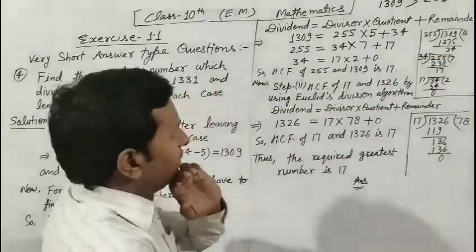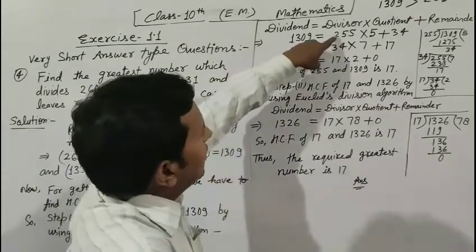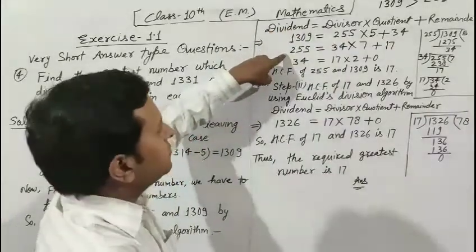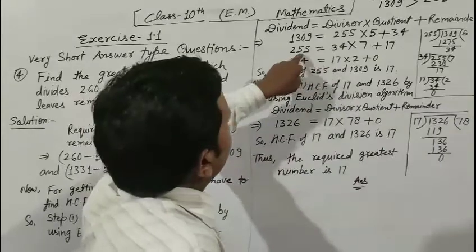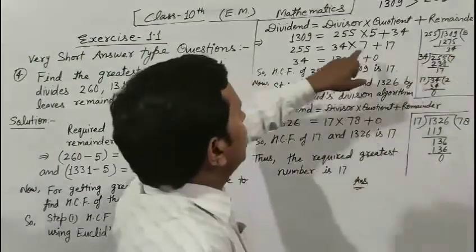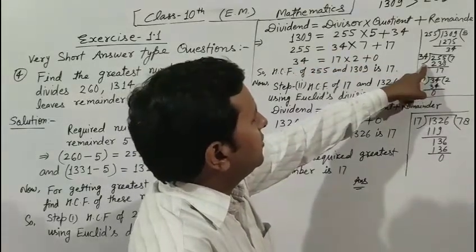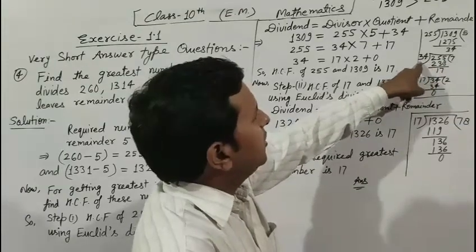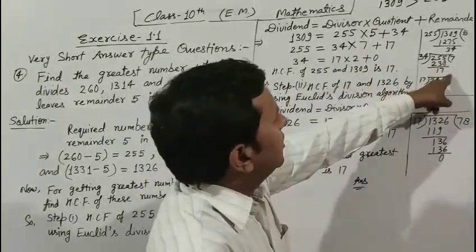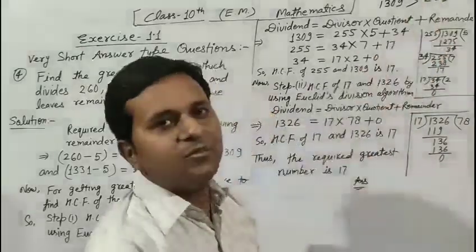Now in the second step, as Euclid's division method says, the divisor becomes the dividend. So 255 is the dividend and the remainder 34 is the divisor. When 255 is divided by 34, we get quotient 7 and remainder 17.